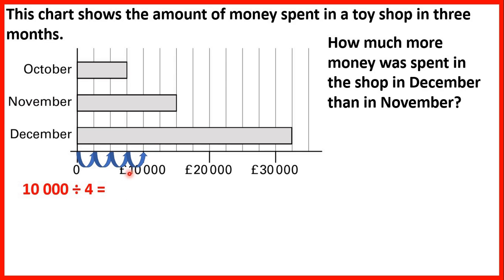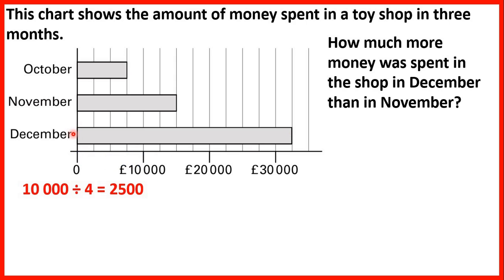And if we divide 10,000 by 4, we get 2,500. You're probably spotting the pattern that 100 divided by 4 is 25, 1,000 divided by 4 is 250, so 10,000 divided by 4 is 2,500.